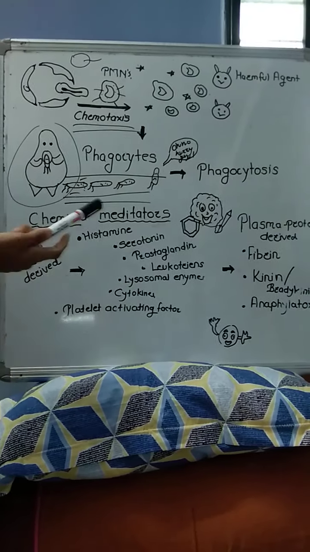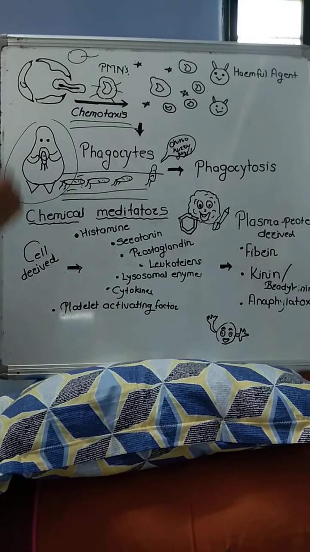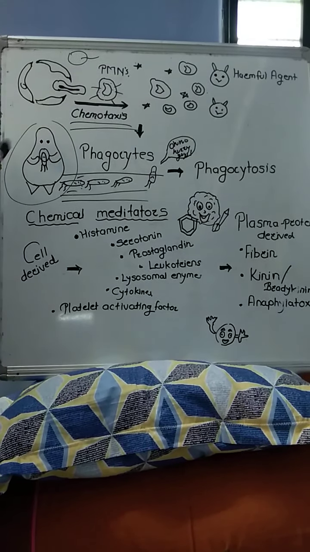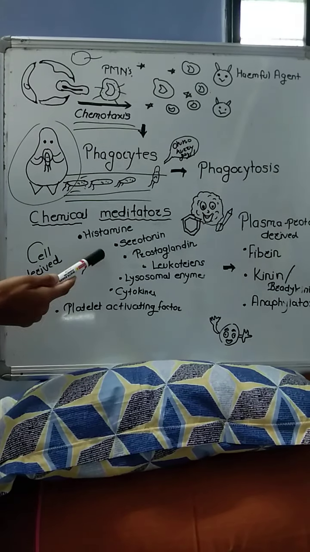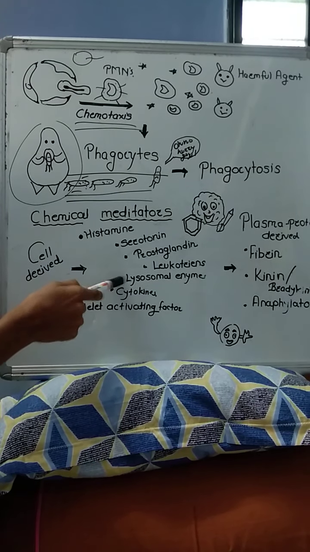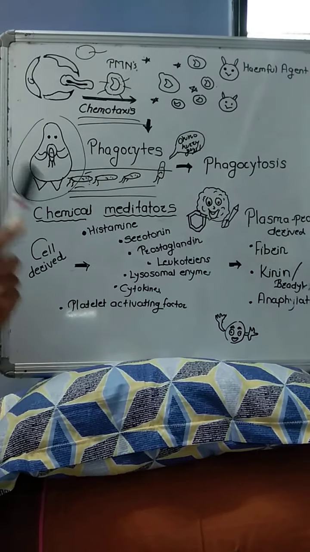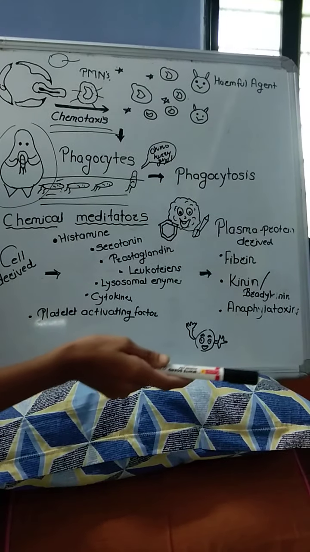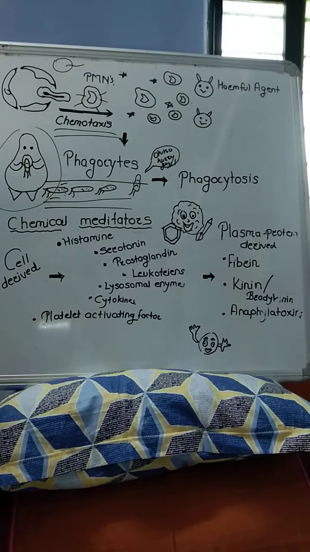They help the process by directing the way for the neutrophils, chemotaxis, everything. These cell derived chemical mediators are histamine, serotonin, prostaglandin, leukotrienes, lysosomal enzymes, cytokines, and platelet activating factor. And the plasma protein derived chemical mediators are fibrin, kinin, bradykinin, and anaphylatoxins.